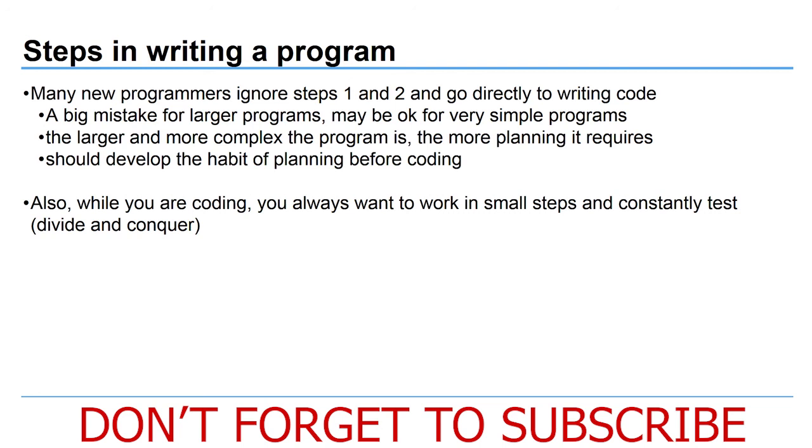You do not want to write 100 lines of code and then say, oh, I'm done, let me go test, right? Because now, if it doesn't work, there could be an error in any of the 100 lines of code. It's going to be much harder to solve that problem. But if you write code in little chunks, 5 lines of code, test it, then write another 5 lines of code, test it. It's going to be much easier to find and fix your errors. So let's focus on divide and conquer when we write our code in this class.